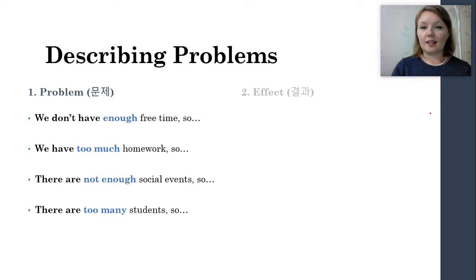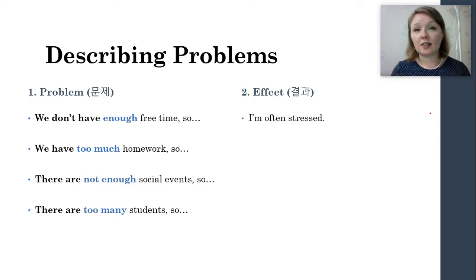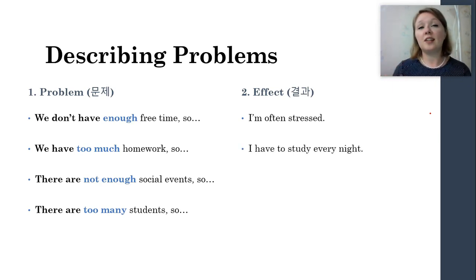Now we need to add a step 2. We need to talk about the effect of the problem. So let's look at number 1. We don't have enough free time, so I'm often stressed, right? What is the effect of the problem? Or why is it a problem? We have too much homework, so I have to study every night.